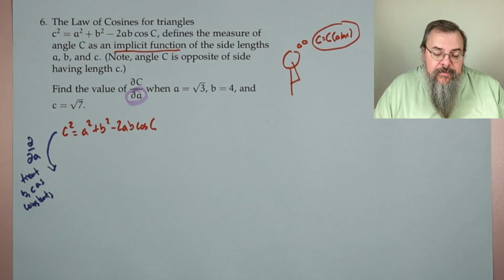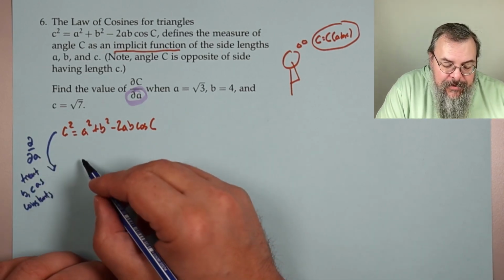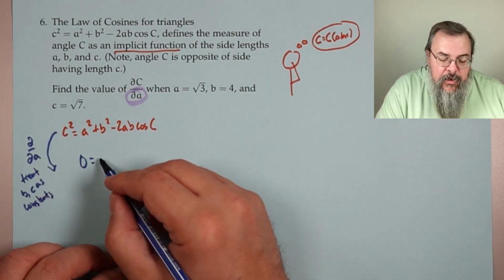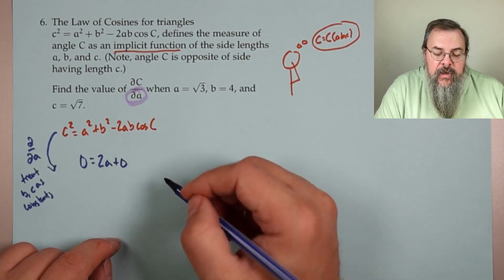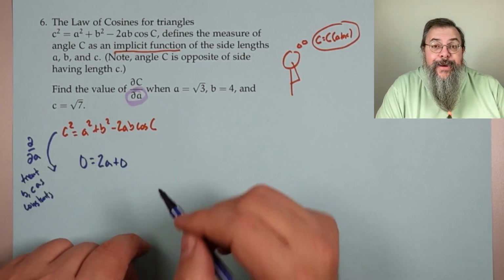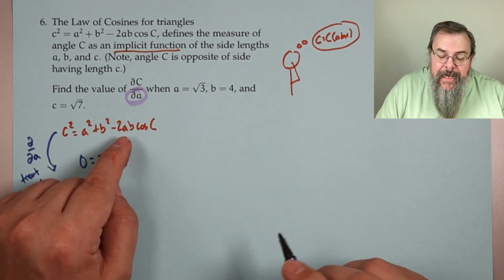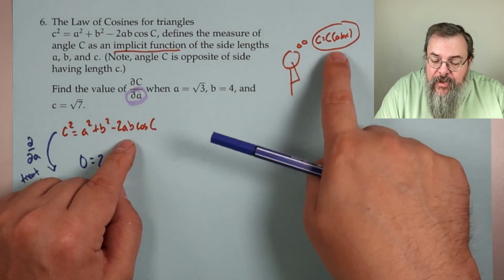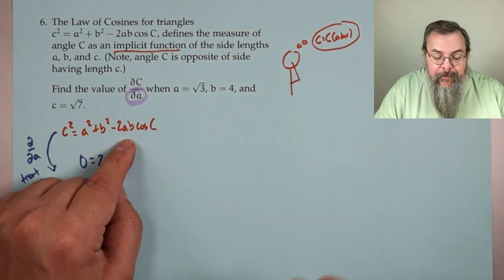So what's the derivative of c squared? 0. What's the derivative of a squared with respect to a? 2a. Derivative of b squared? 0. Derivative of 2ab cosine C: product rule. You might want to say there's only one a. No, there's two. There's this a, and remember, we're thinking of C as depending on a.